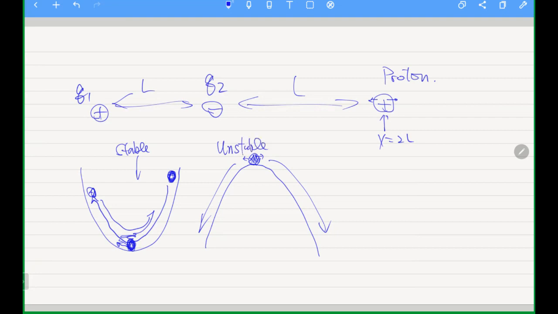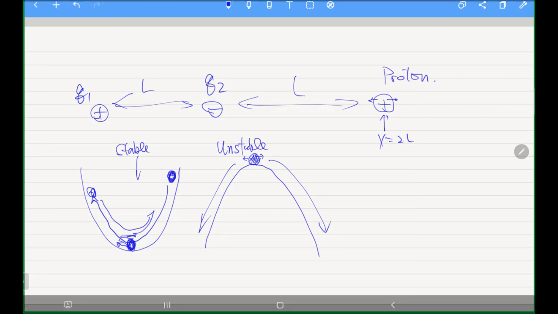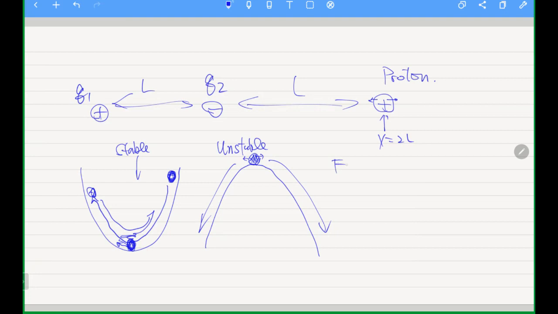So let us try to consider whether it is stable or unstable in a mathematical way. So if we try to write, F net will be K times 8Q times QP over x squared, minus K times 2Q times QP over x minus L squared.